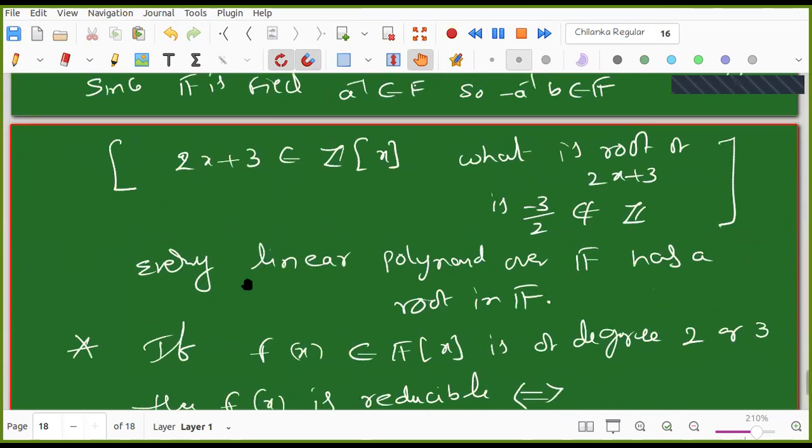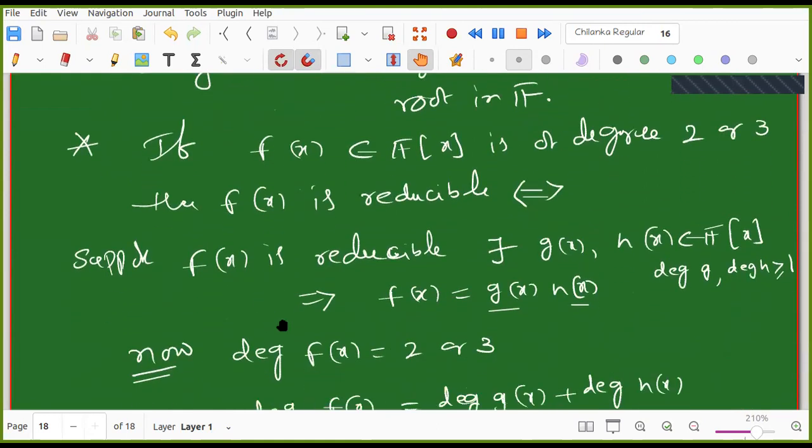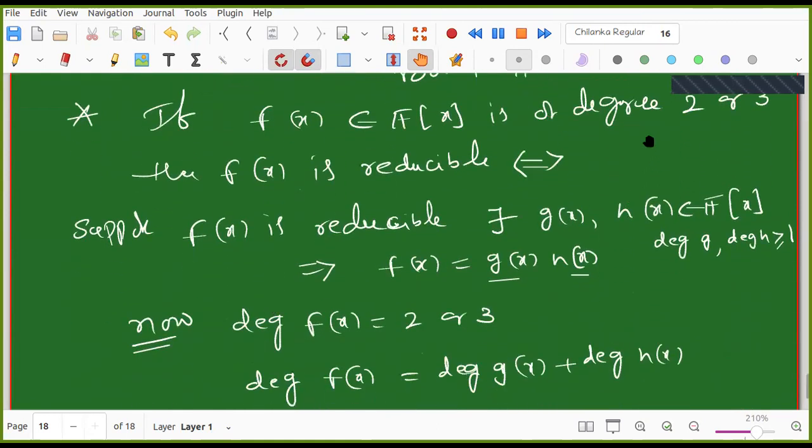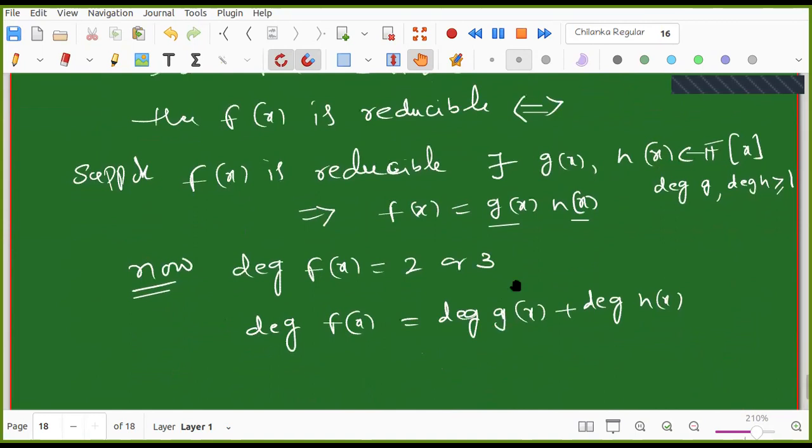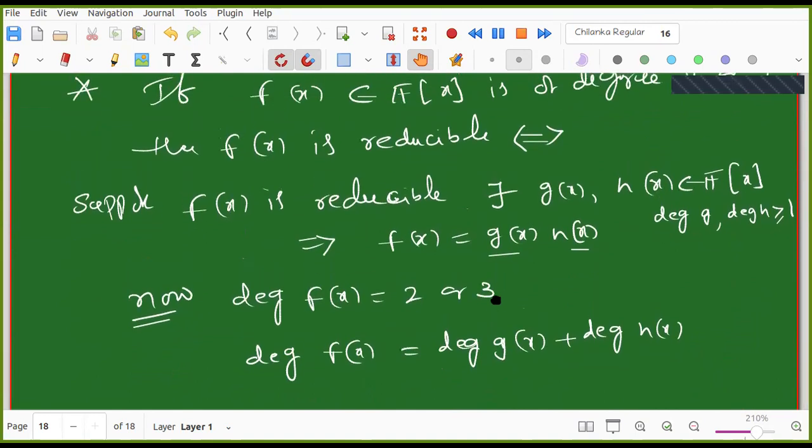And I proved this: every linear polynomial over F has a root in F. By combining these two, can you say something here? Reducible. Okay, still you are not able. One of g and h must be linear.